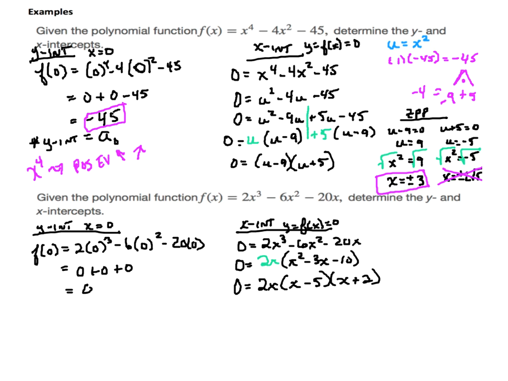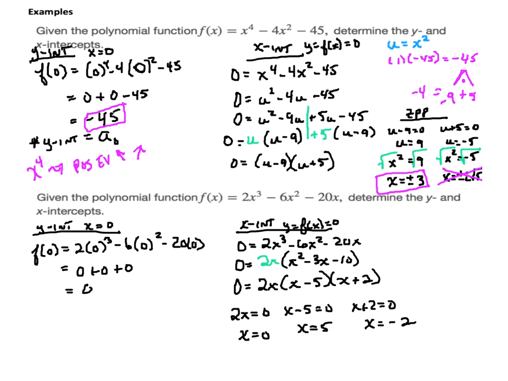Now I can use my zero product property to solve. So I have 2x equals 0, x minus 5 equals 0, x plus 2 equals 0. Here we divide both sides by 2 and we get x equals 0. Here we add 5, so x is 5, subtract 2, x is negative 2. So I have one y-intercept.